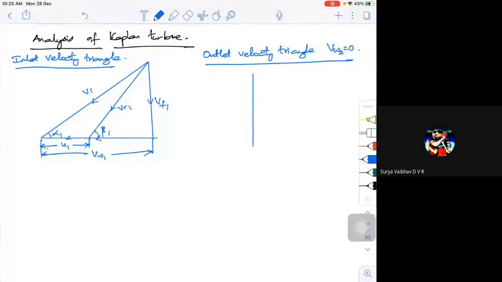This will be my V2, which is equal to Vf2, and I have the U2, and this is my VR2, this is my alpha 2, this is my beta 2.